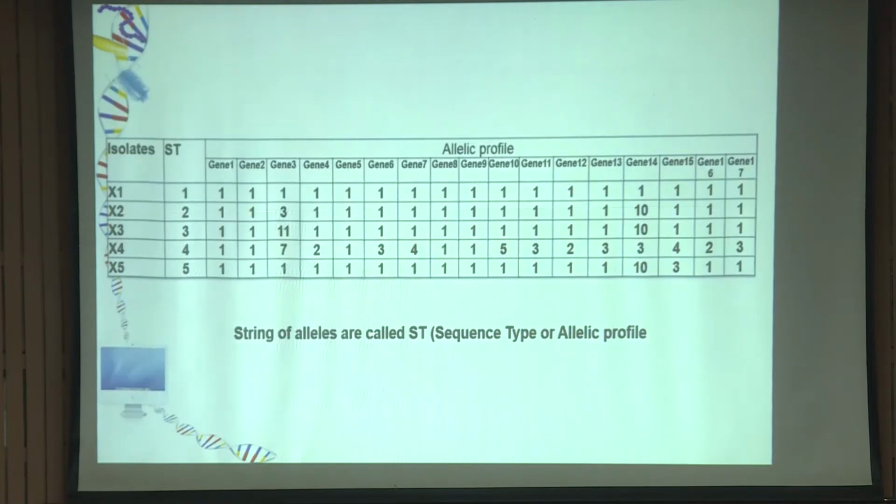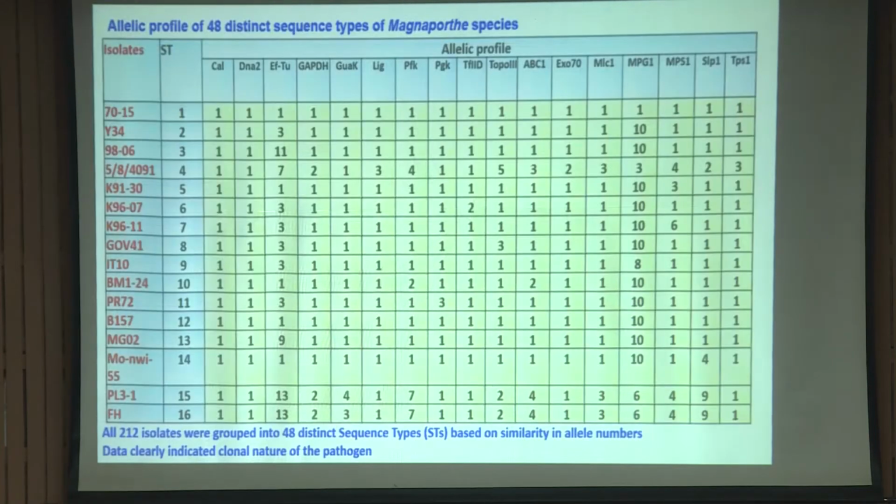Now let us see how to analyze this data. Now you have a mix of numbers. Maybe I can come back to this slide once again. Before that, this is the data we assigned. So 70-15 takes 1, 1, 1, 1, 1.